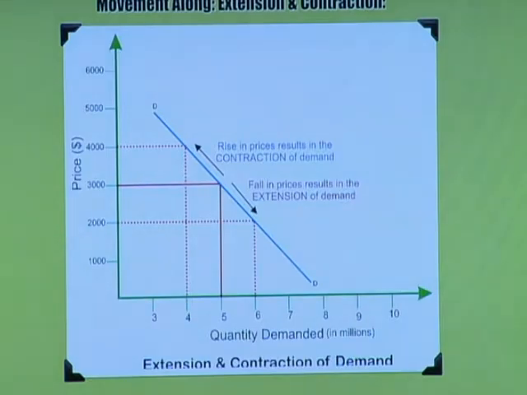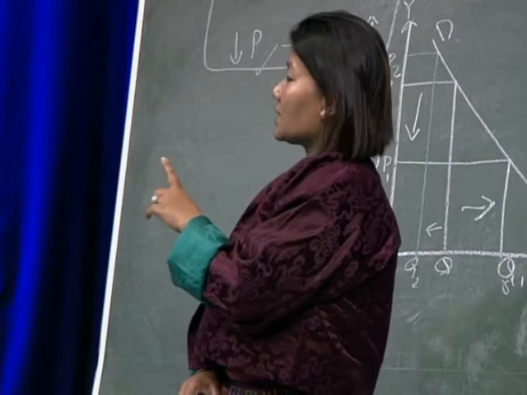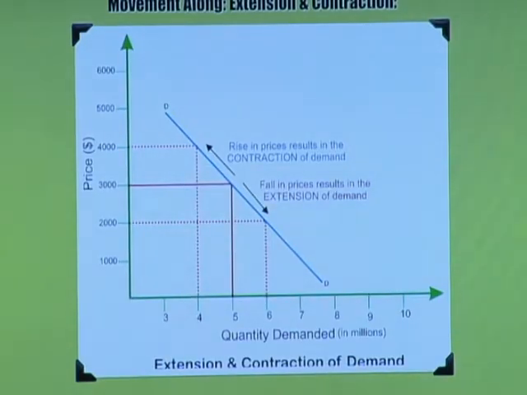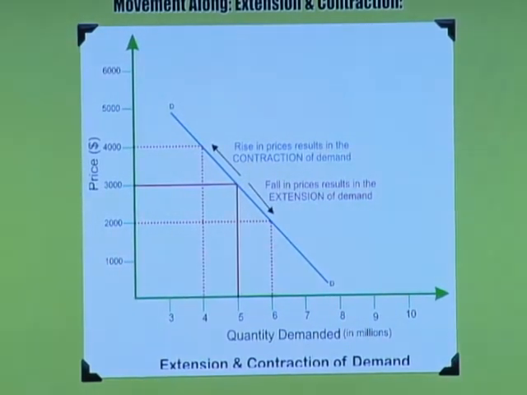At the price of $4,000, what is the quantity demanded? We can see that it is 4 million. When the price decreases from 3,000 to 2,000, the quantity demanded has increased from 5 to 6, by 1 million.